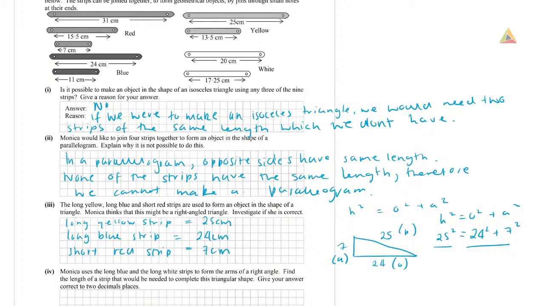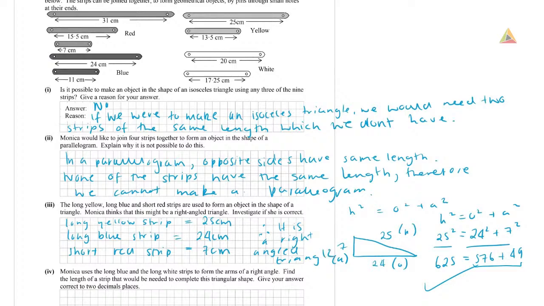So 25 squared, put that into the calculator, is 625, is equal to 24 squared, which is 576, plus 49. Now what you're going to do next is add 576 plus 49 and see, does it give you 625? It does. So that means that, therefore, it is a right-angled triangle.